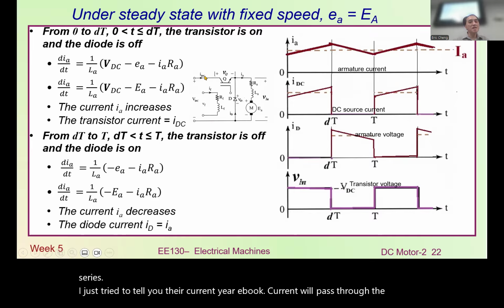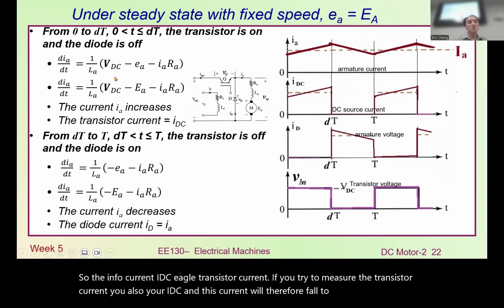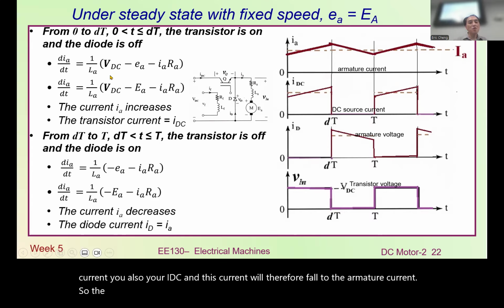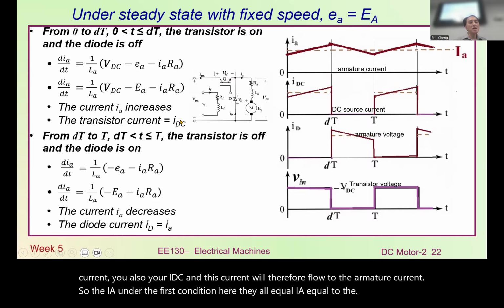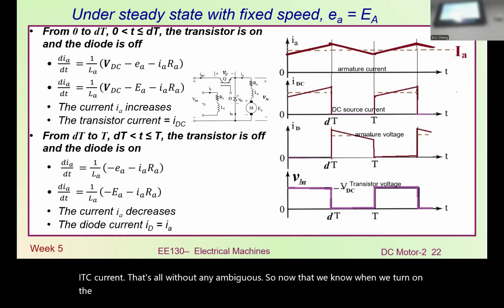So the input current IDC equals the transistor current. If you try to measure the transistor current, you also use IDC. And this current will then flow to the armature current. So under the first condition here, they are all equal: IA equals the IDC current. That's all, without any ambiguity. So now we know that when we turn on the transistor, the current will go up.